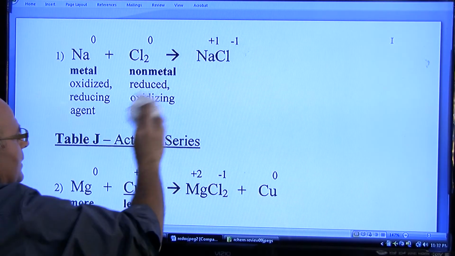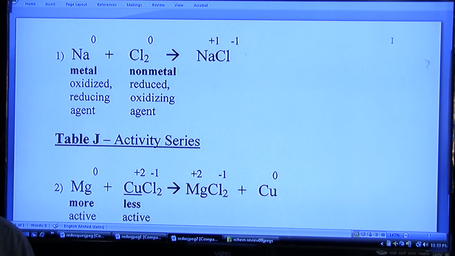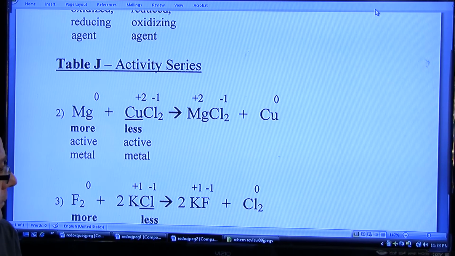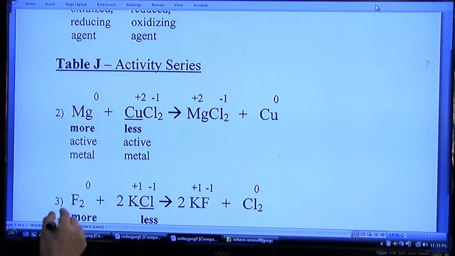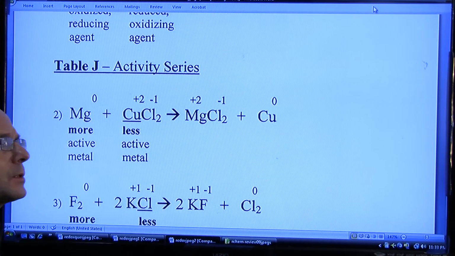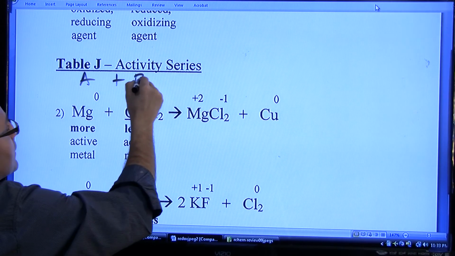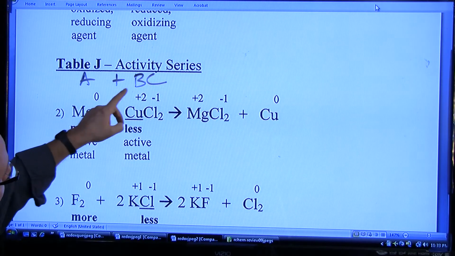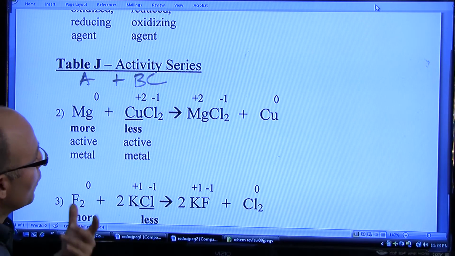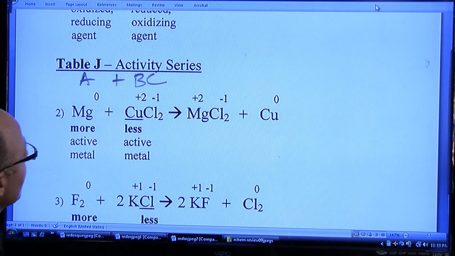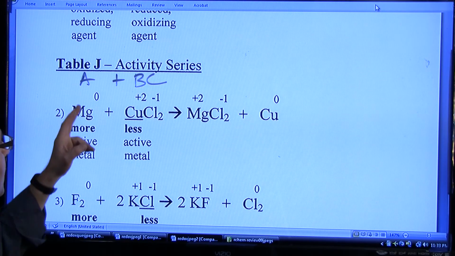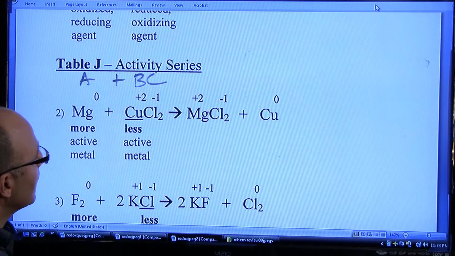The rest of these examples are your typical single replacement reactions. You might recall from the last unit, I think it was the mathematics unit, we had A plus BC, where A can replace B if A is more active than B as a metal, or if we're talking about nonmetals, if A is more active than B as a nonmetal.